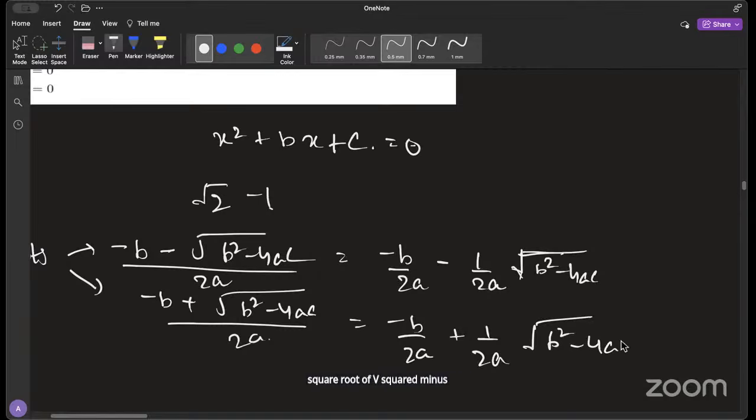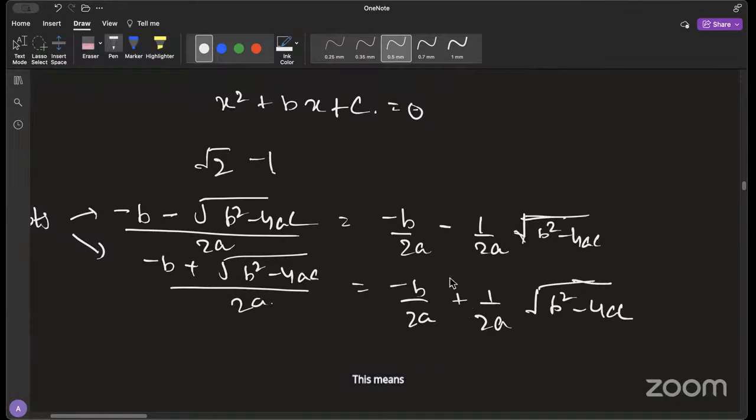Now what does this mean? What information do we get from here? The term that is not under the root remains the same. If something is not in the square root, then it should be the same. And if something is under the root, then its sign should change. The term under the root has a negative sign for one root and a positive sign for the other.